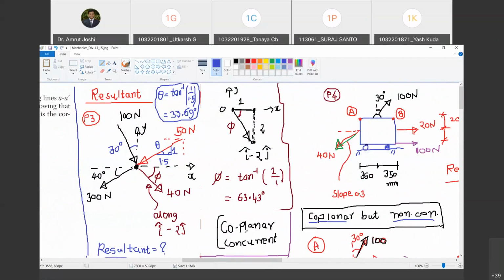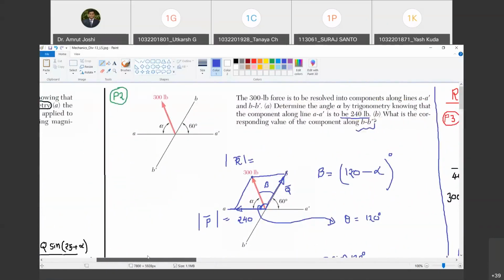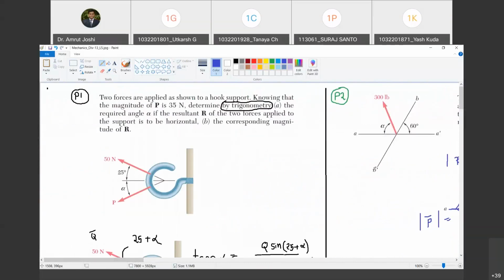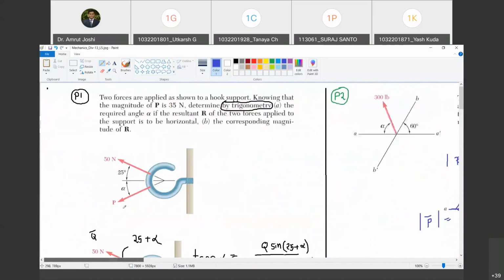Sir, can you please take it to resolution of forces? The previous one, where we defined it.